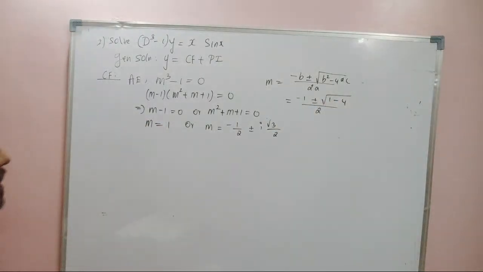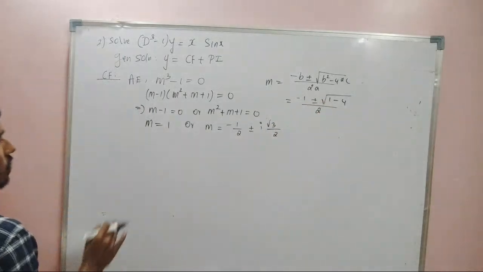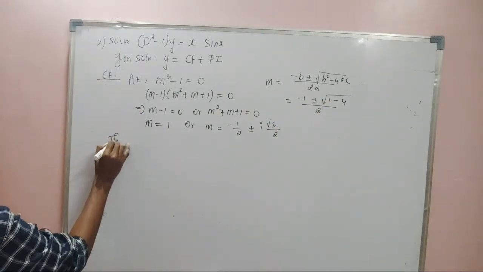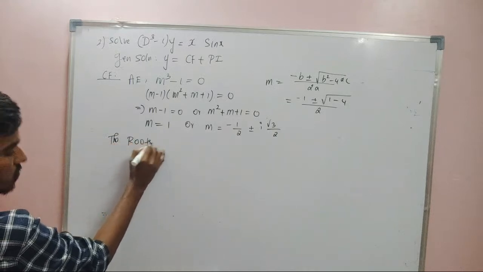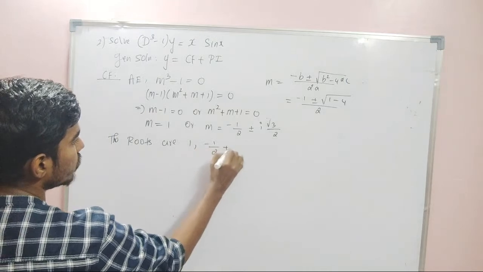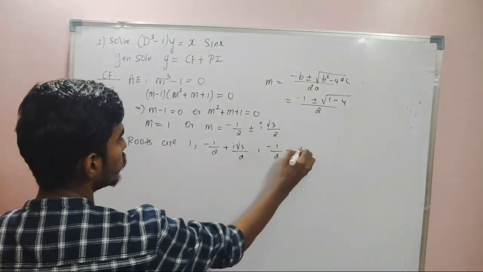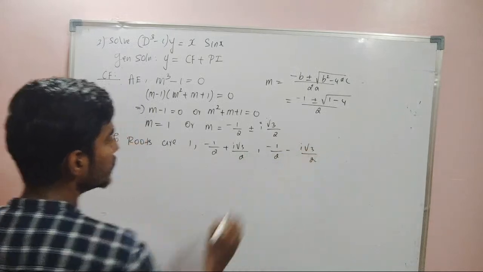Which I can write as i root 3 by 2. That means the roots are 1, and minus 1 by 2 plus i root 3 by 2, and minus 1 by 2 minus i root 3 by 2.